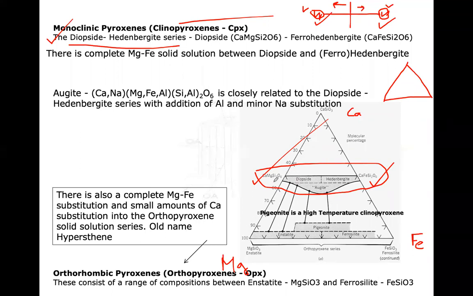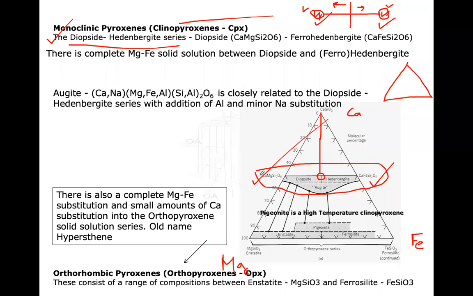So those are the two end members. In between, somewhere here, like for example 50-50, there can be magnesium and also iron. Calcium is found in equal quantities because the distance from this calcium end to this line is equal in this place.